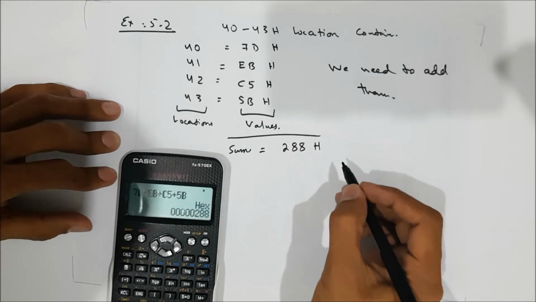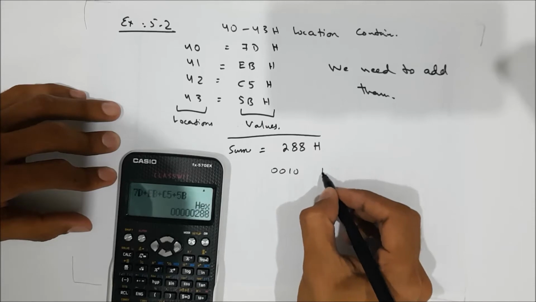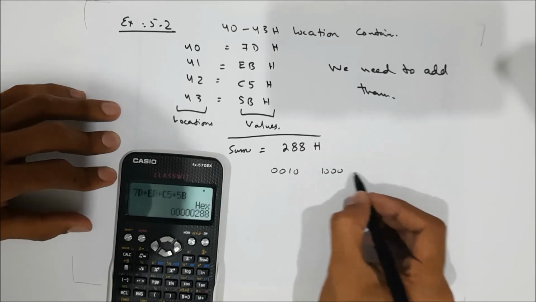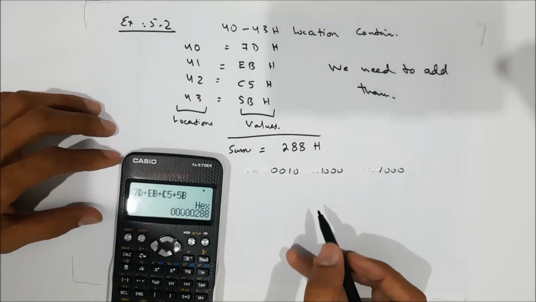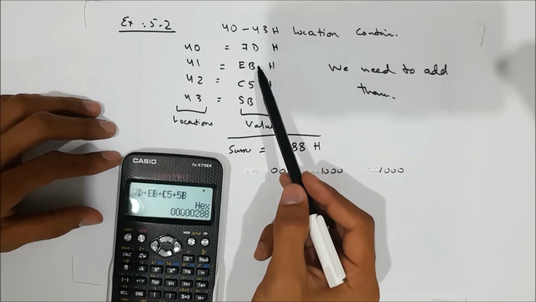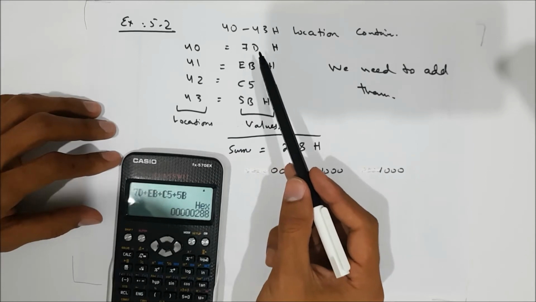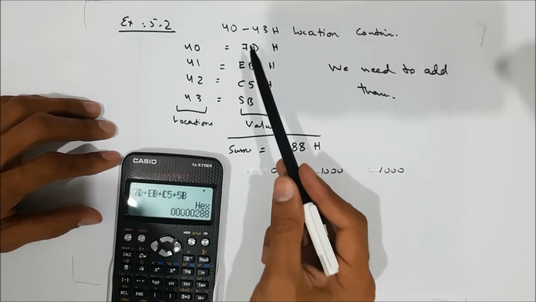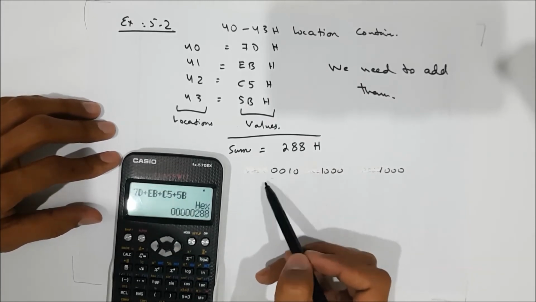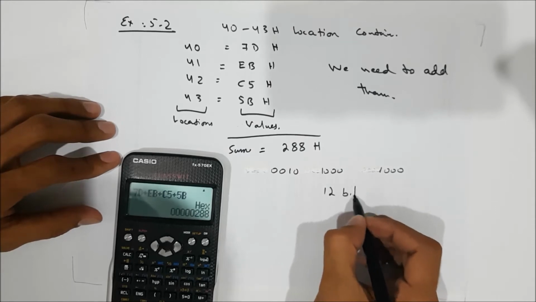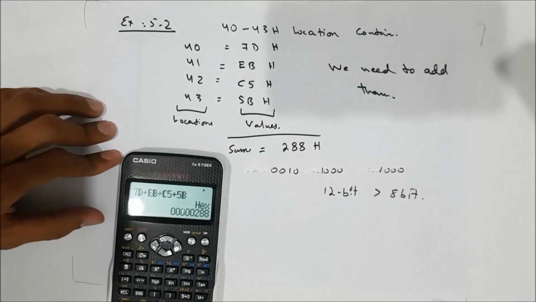Now 288H means 0010 1000 1000. So as we can see, all the operands are 8-bit numbers. 7D is 0111 1101, then EB, C5, 5B. All of them are 8-bit numbers. But the sum of all these numbers is a 12-bit number, that is greater than 8 bits, and cannot be contained inside a single register.